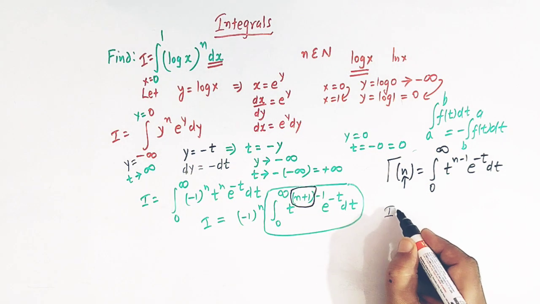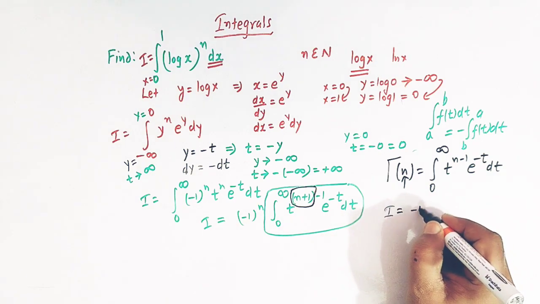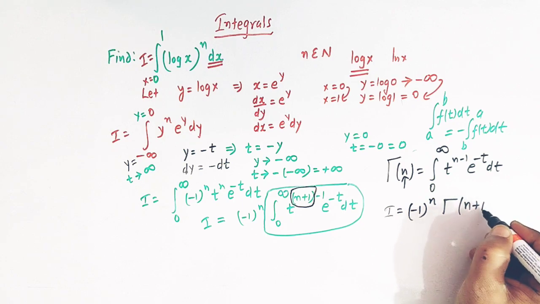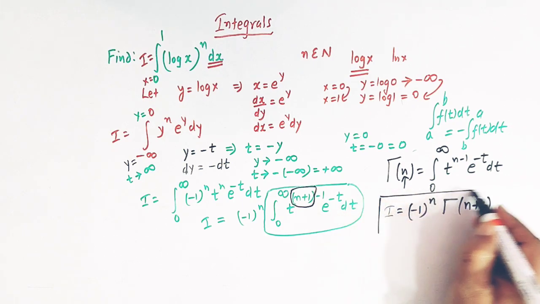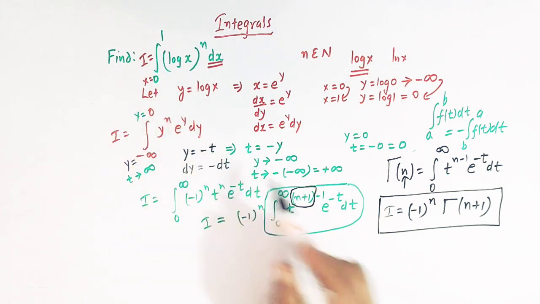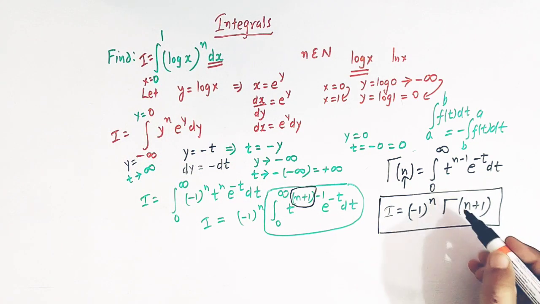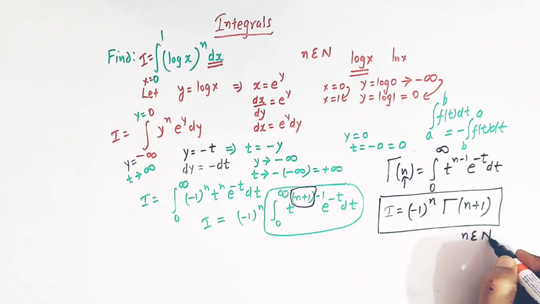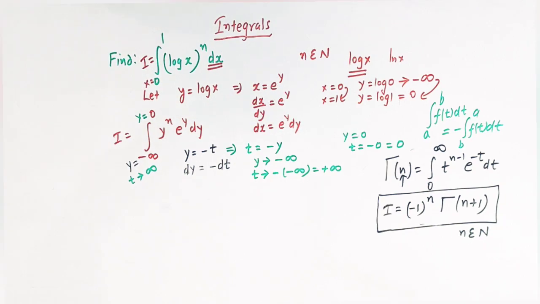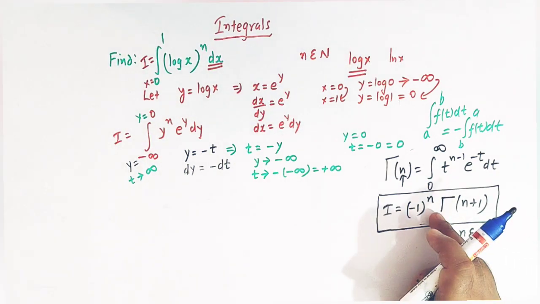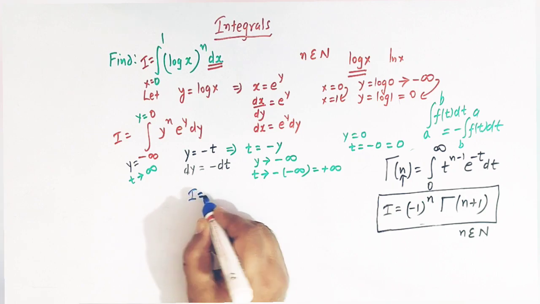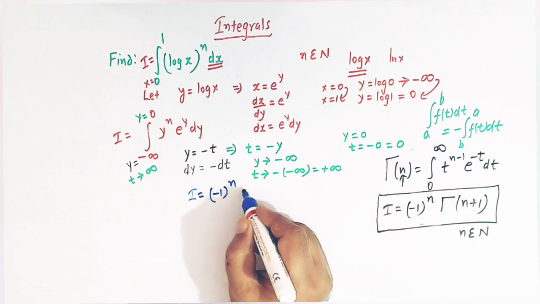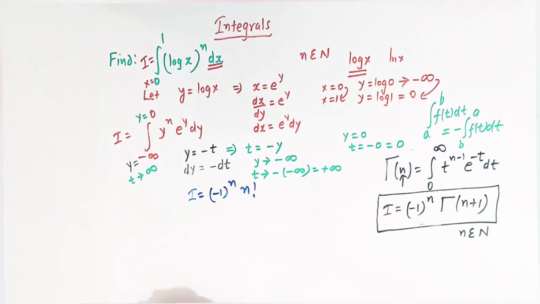So now this integral I is given by (minus 1) raised to n, and here we have gamma of n plus 1, right? So the value of this integral is (minus 1) raised to n gamma of n plus 1, where n belongs to the set of natural numbers. So viewers, we can also express this result as I is equal to (minus 1) raised to n, and gamma of n plus 1 can be written as n factorial, right?